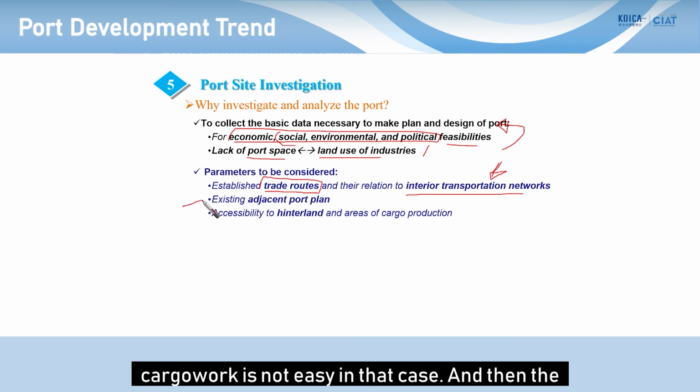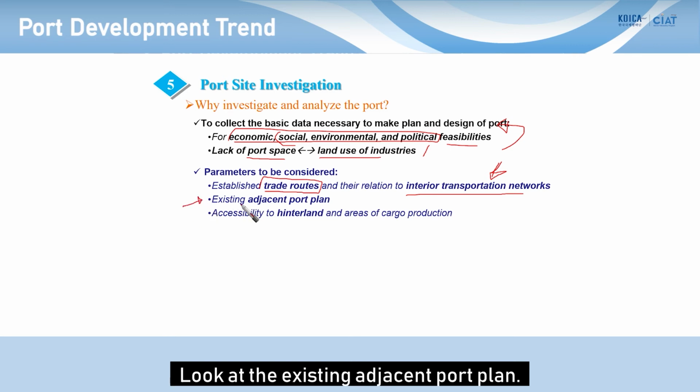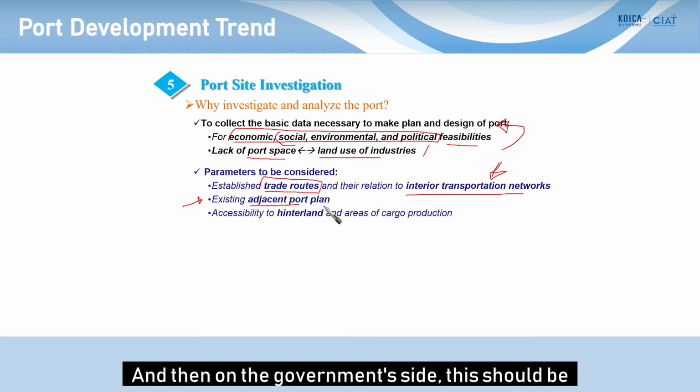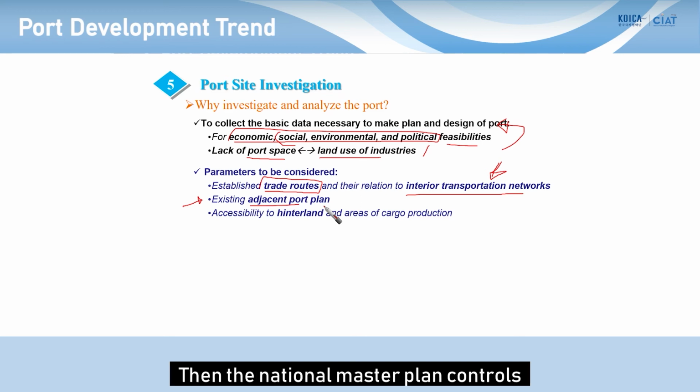And then look at the existing adjacent port plans. Each port wants to develop container terminals, such as that. And on the government side, there should be overall development of port facilities without overlap. Then the national master plan controls the development of the port facilities.